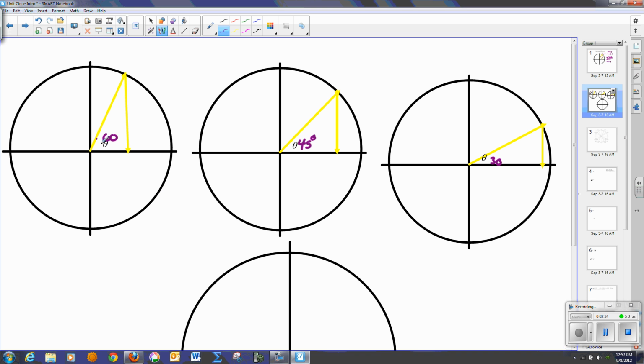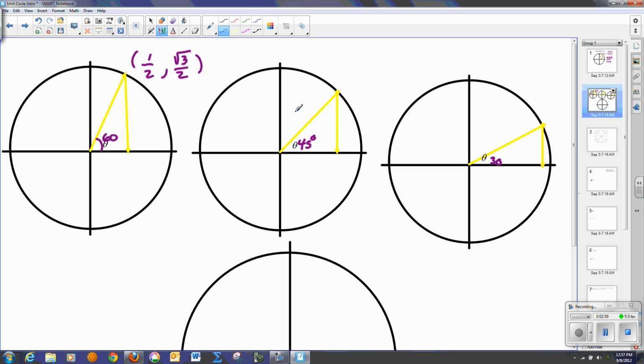Well, if you remember, I believe it was yesterday's lesson or the day before's lesson, we know that the sine of any 60-degree angle is equivalent to root 3 over 2. So that's the y value. The cosine of any 60-degree angle is a half.